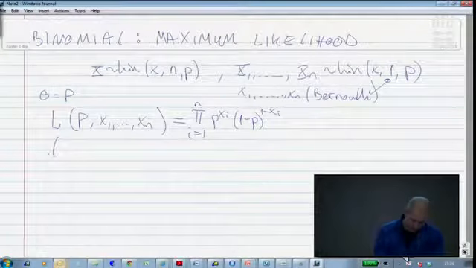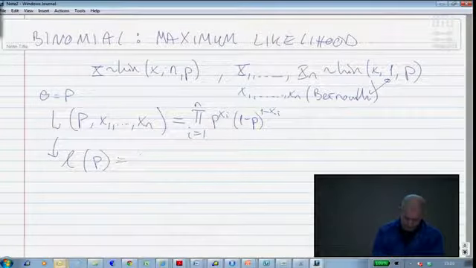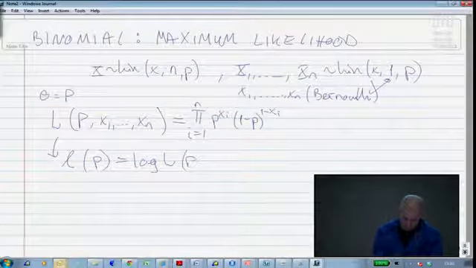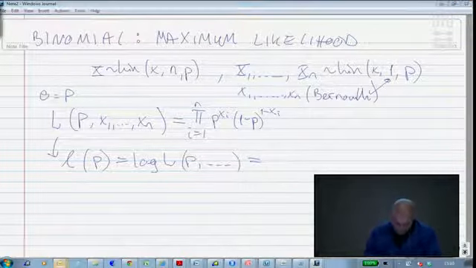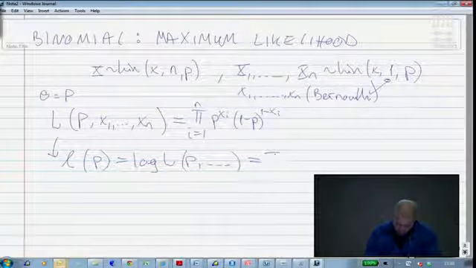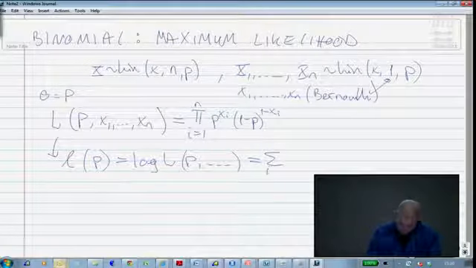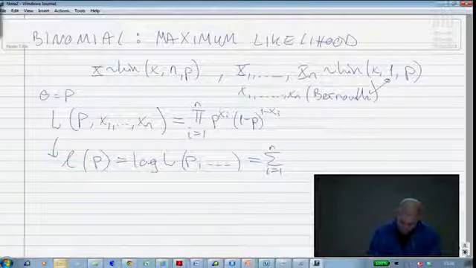As I said in the general presentation, I would usually consider the log likelihood when I'm going to actually do my maximization. The log likelihood as a function of p, suppressing the dependence on x in the notation again, is then the sum from 1 up to n.